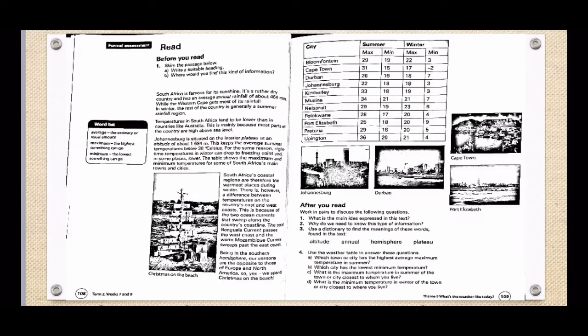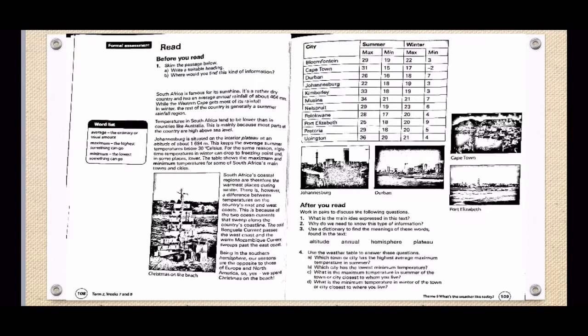And then if we look further down, we see they have some pictures of Johannesburg, Durban, Cape Town, and Port Elizabeth, right? So that's just to give us a visual of how they look, and the table just gives us information about how the temperature changes during seasons in each city.